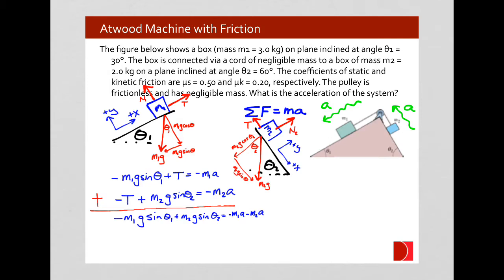We can multiply through with a common negative sign to get rid of that, and then to find A, we'll factor A out of here and divide, and we find this.